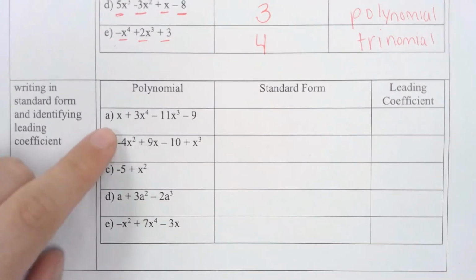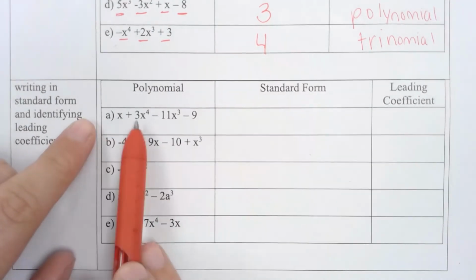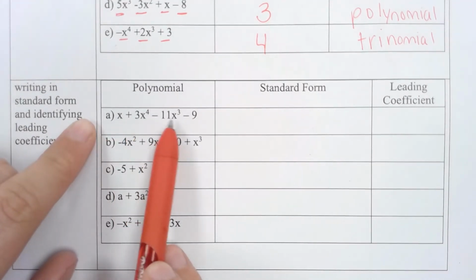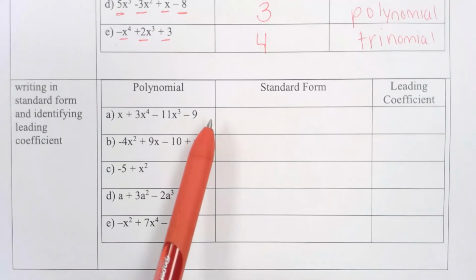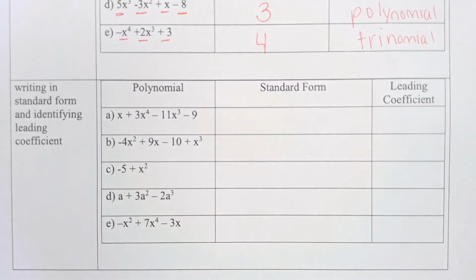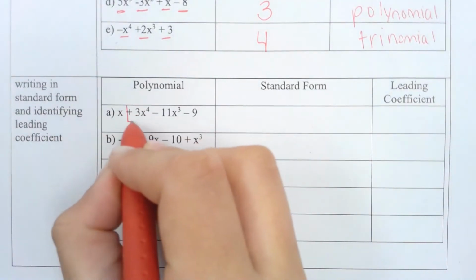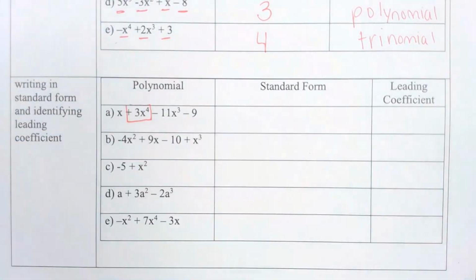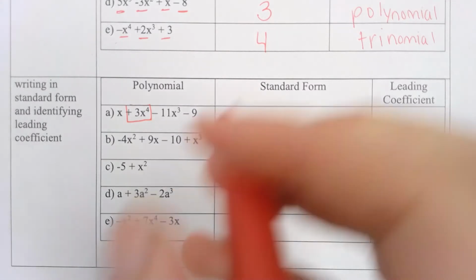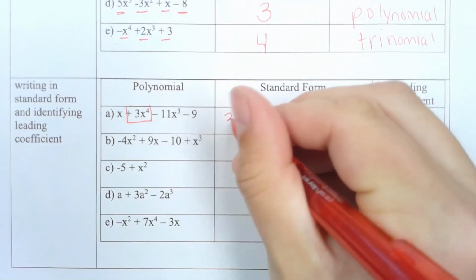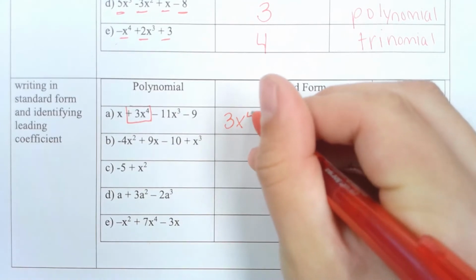So for example here, I have 3x to the 4th, and 11x to the 3rd, and a 9. So my variable with the highest exponent is with the term 3x to the 4th. Okay, so since that variable had the highest exponent, that is what you're going to start with in your standard form.